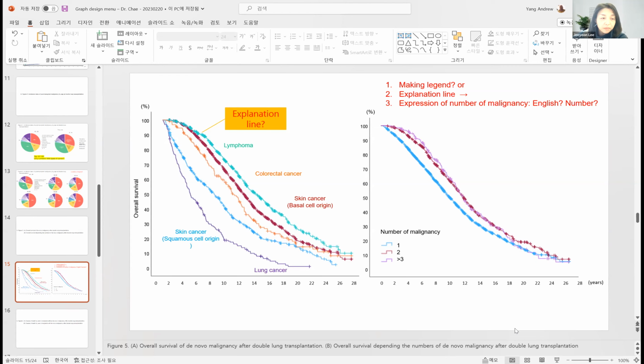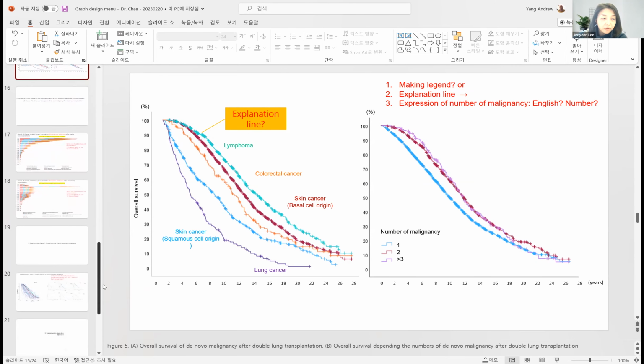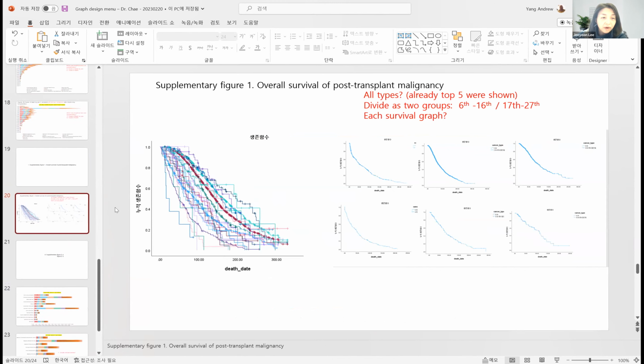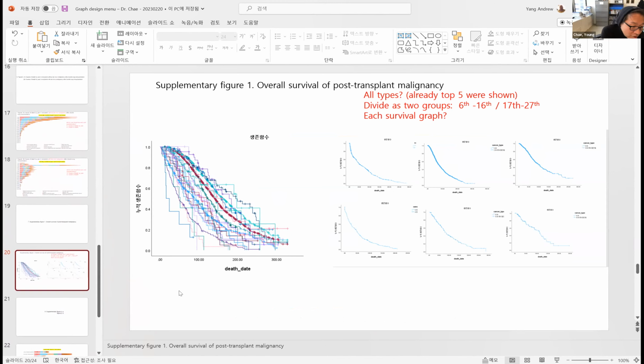Andrew, can you go to the supplementary figure about the overall survival? Yeah, slide 20. There are more worse cancers than lung cancer. Lung cancer is the blue. Yeah. Light blue, right? Yes. So many. What is the purple that's worse? The purple one that is below the lung cancer, that one.